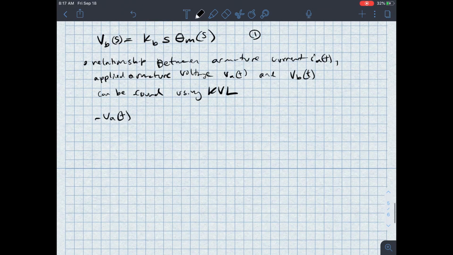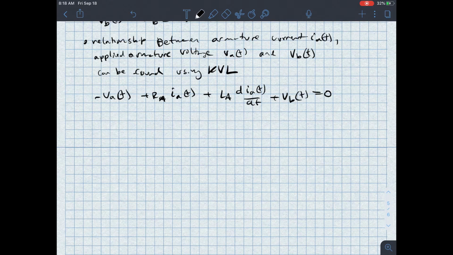So let's put that all together. So I've got plus RA IA of T plus LA DIA of T dt plus V sub B of T equals 0.